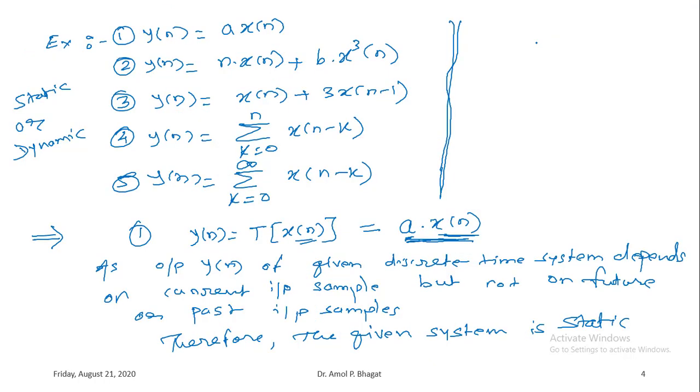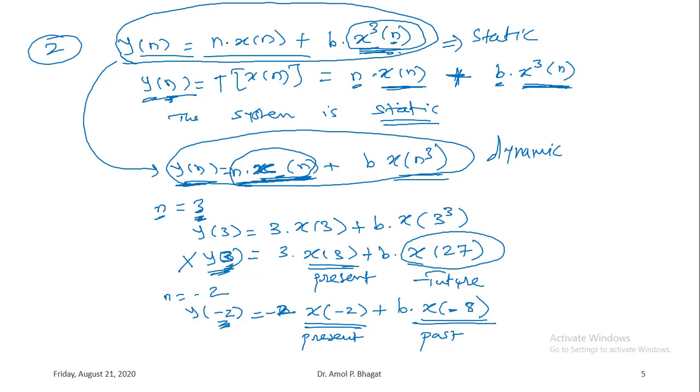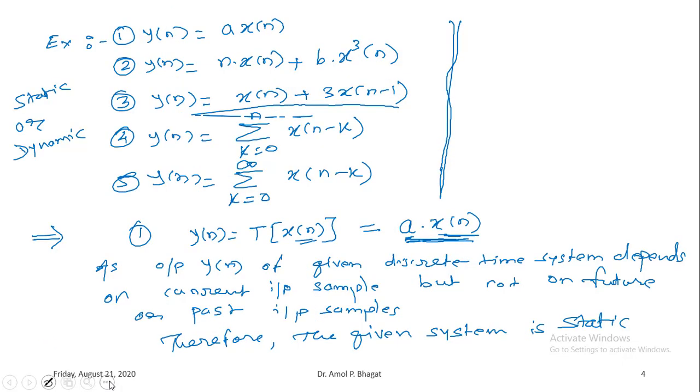So the third one is y of n equals x of n plus 3x of n minus 1. Okay. So the third equation is y of n equals x of n plus 3x of n minus 1.